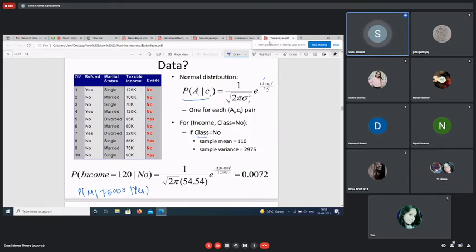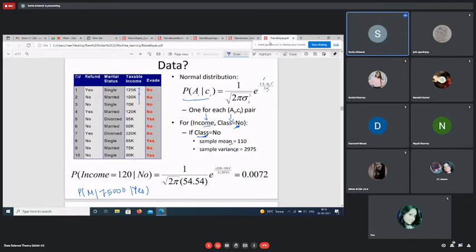I am repeating it again. It says for income, class is no. What we have to go for? हमें income section को देखना है because income is a continuous data set. We have to see if the income is belonging to class no. So first, we have to calculate for class no the mean and the variance. So what we'll do, we'll create another data set where all the no values will be there.